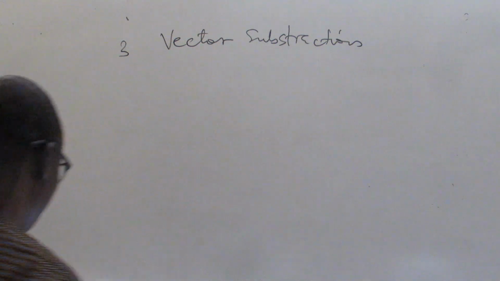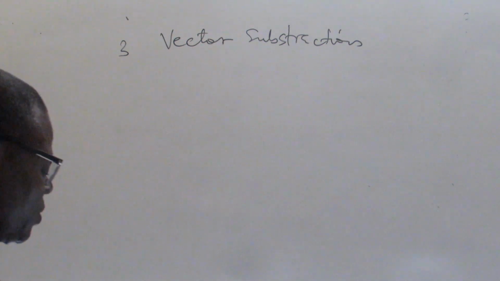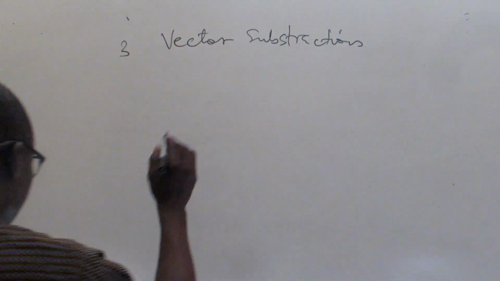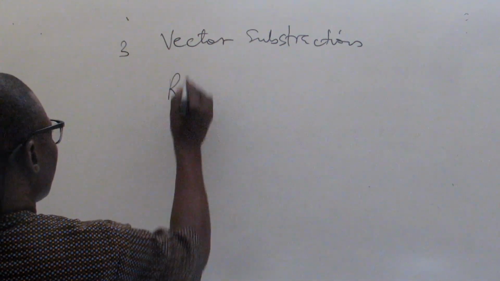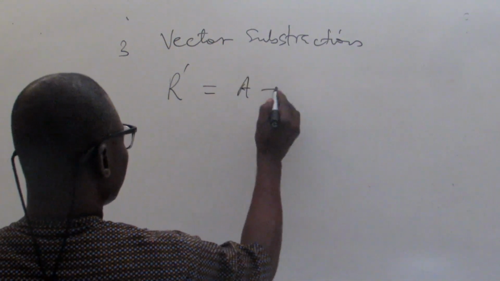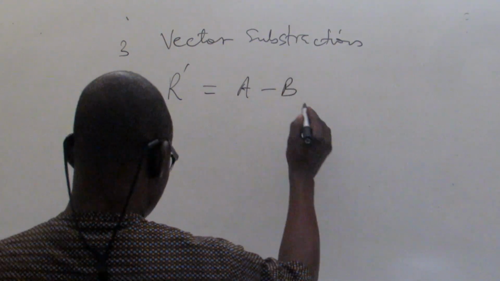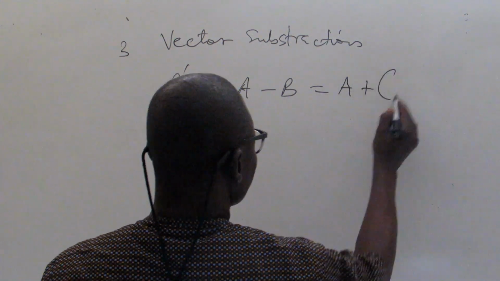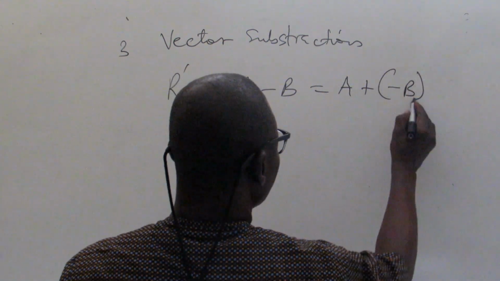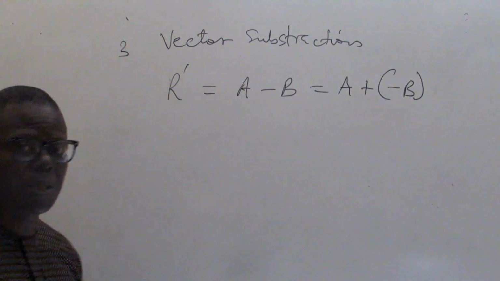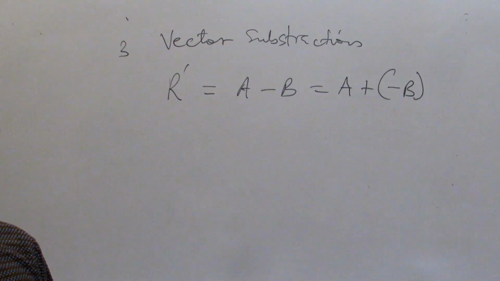The resultant difference between vectors A and B may be expressed this way. In this case, we have R prime equal to vector A minus vector B, which is the same thing as vector A plus the negative of vector B to have a resultant, which is still the same way as we did before.